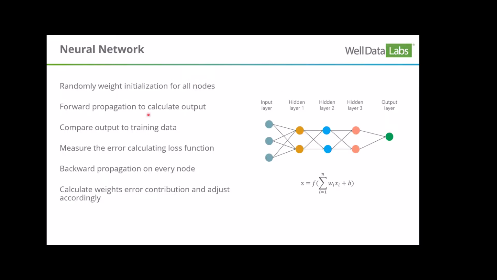Here's a quick explanation of how a neural network works if you're not familiar with it. It randomly initializes the weights for all the nodes, forward propagates to calculate an output, and then compares the output to the training data and measures the error. It goes back, doing backward propagation to every node, calculates the weight error contribution, and adjusts accordingly. This is repeated until it gets a final solution.